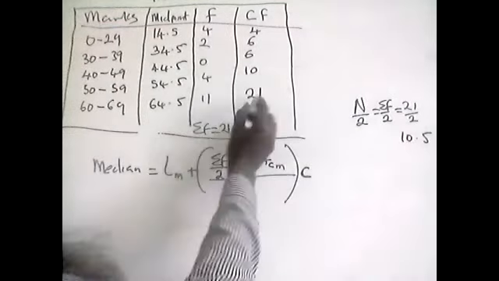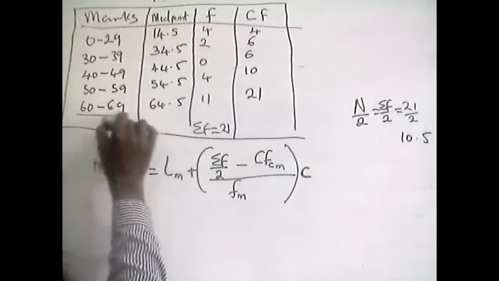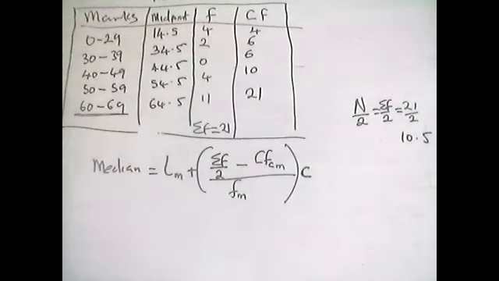So this is going to be our median class, 60 to 69, meaning that our median is supposed to be in that interval.